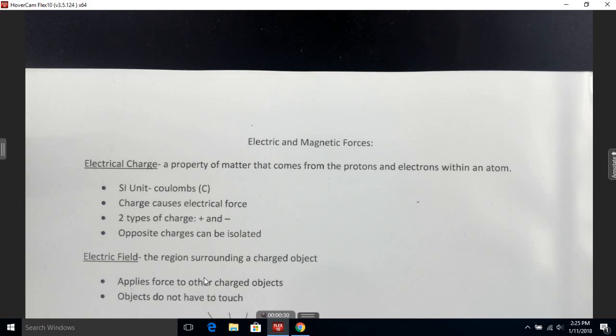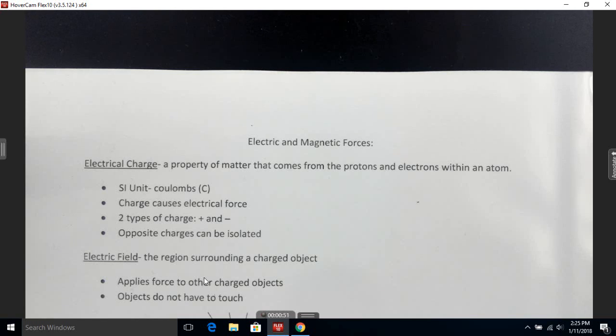We're going back to the atoms for a minute, because we need to talk about electrical charge. An electrical charge is a property of matter, meaning different materials have different electrical charges.